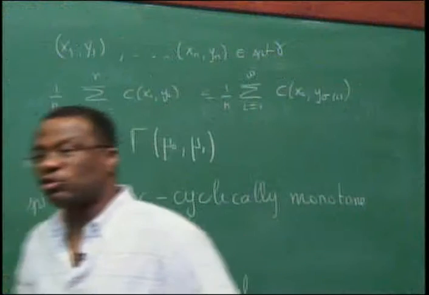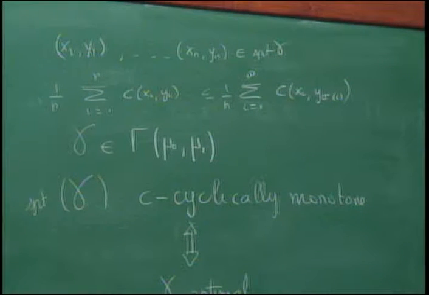So if I decide to permute the points yi or the points si, then I get a cost which is bigger than the original cost. This must be satisfied for every n, and that is a necessary and sufficient condition for gamma to be optimal.